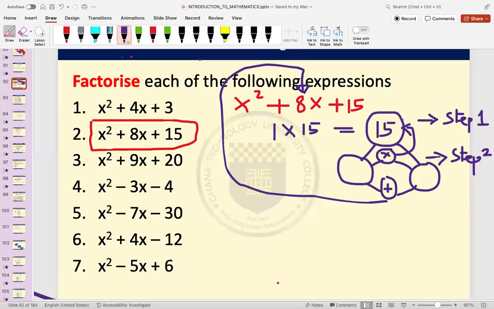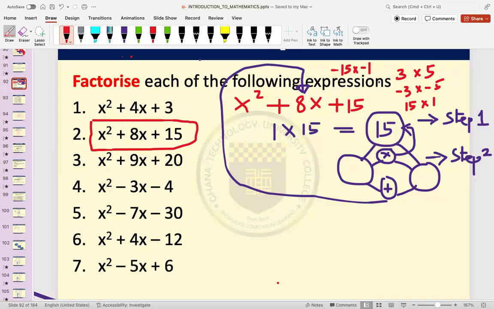So let's think aloud. 15 is the same as 3 multiplied by 5. No doubt about that. 15 also is the same as negative 3 multiplied by negative 5. 15 can also be 15 itself multiplied by 1, or negative 15 multiplied by negative 1, which will also give you 15.